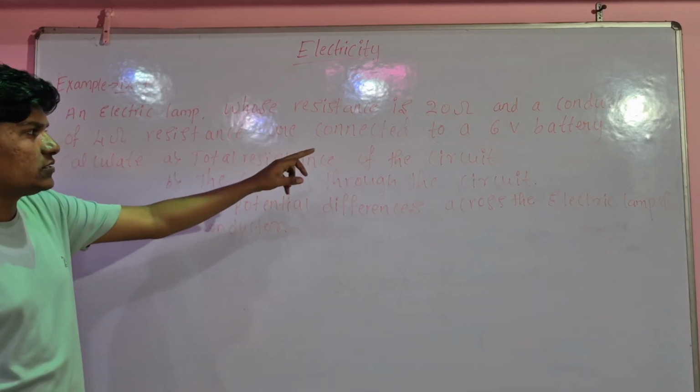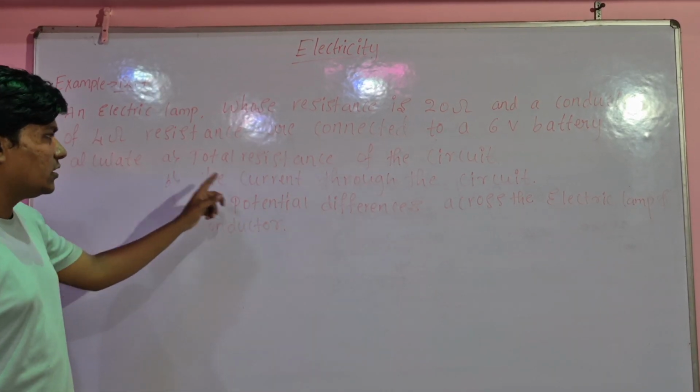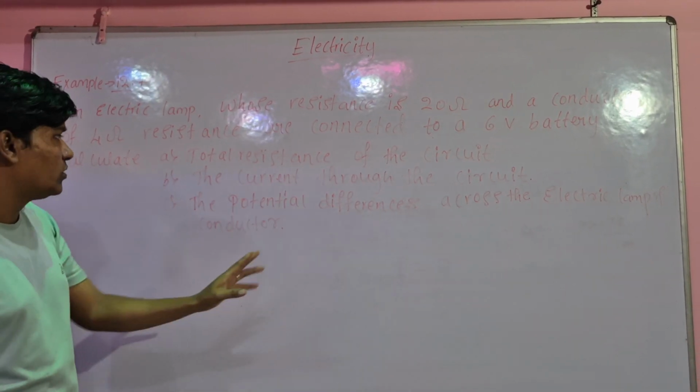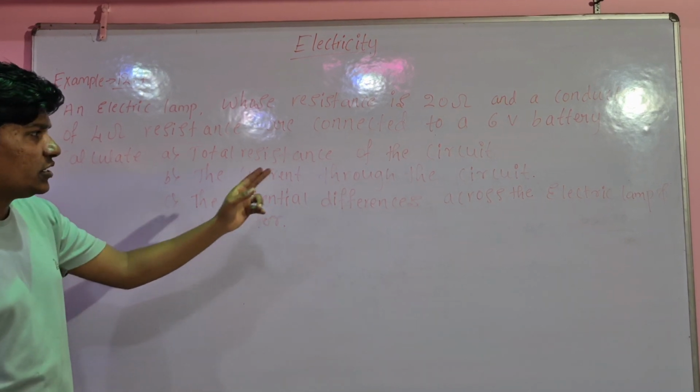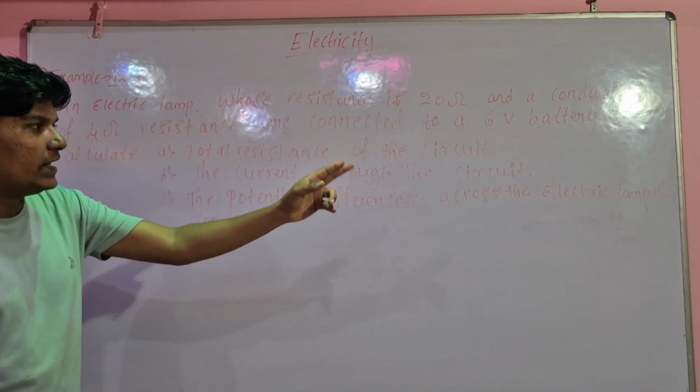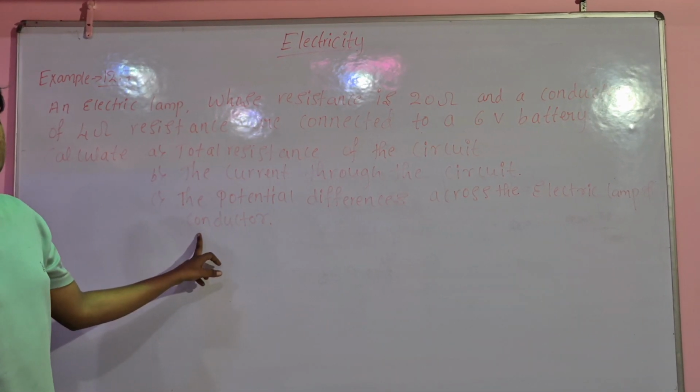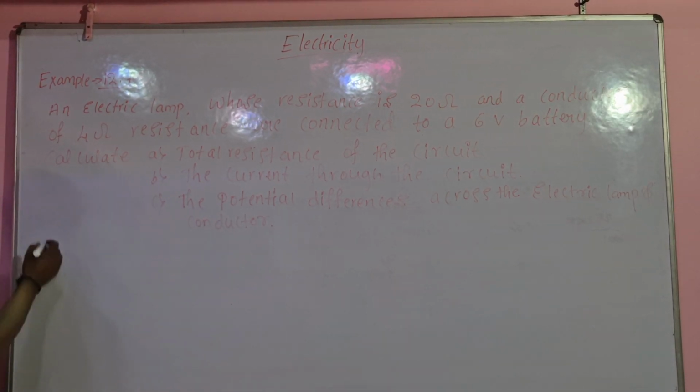A, the total resistance of the circuit; B, the current through the circuit; and C, the potential differences across the electric lamp and conductor. First we have to write the given data.